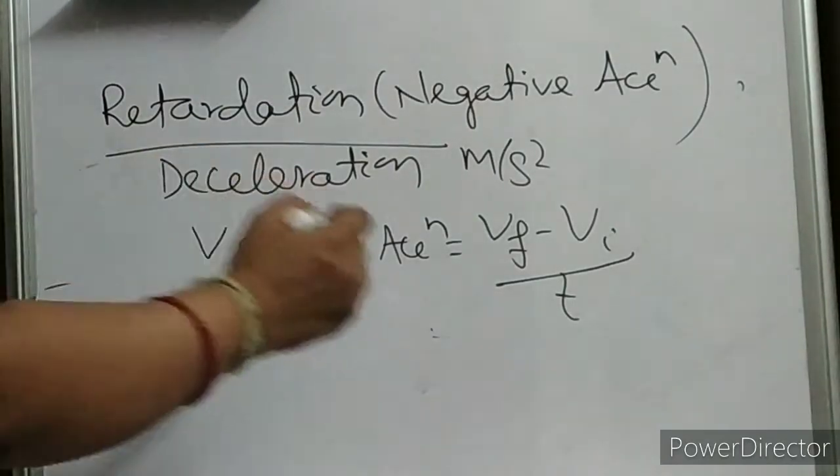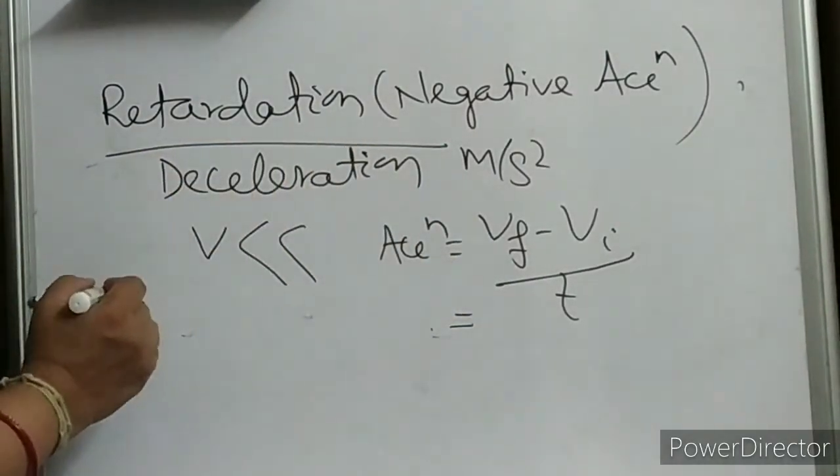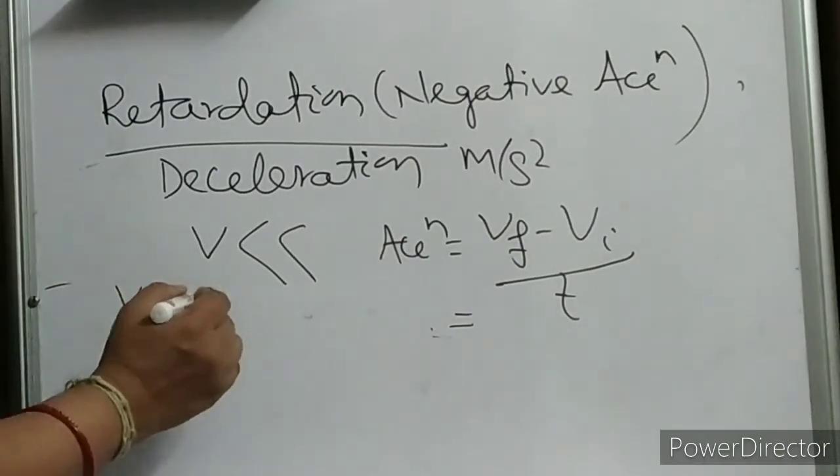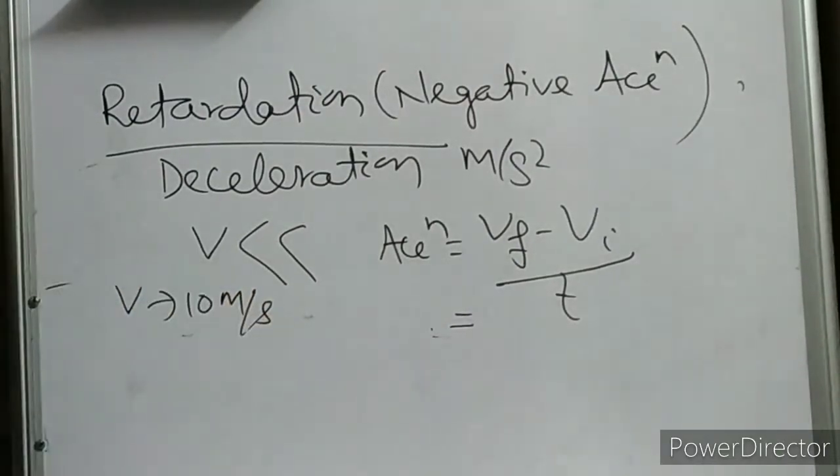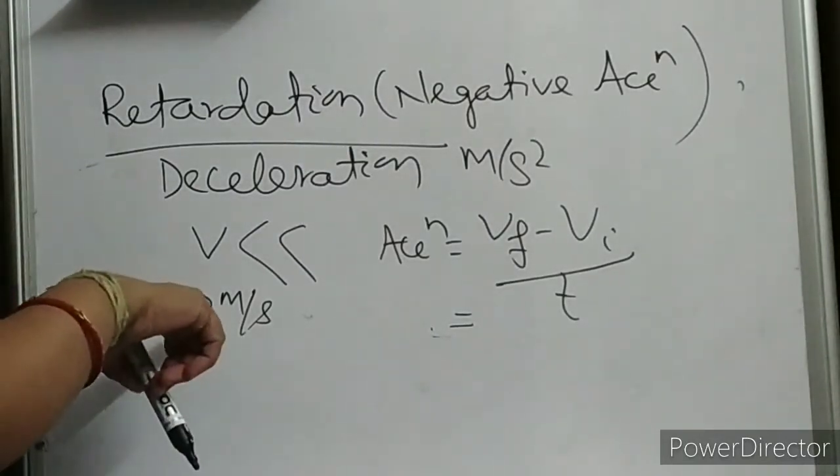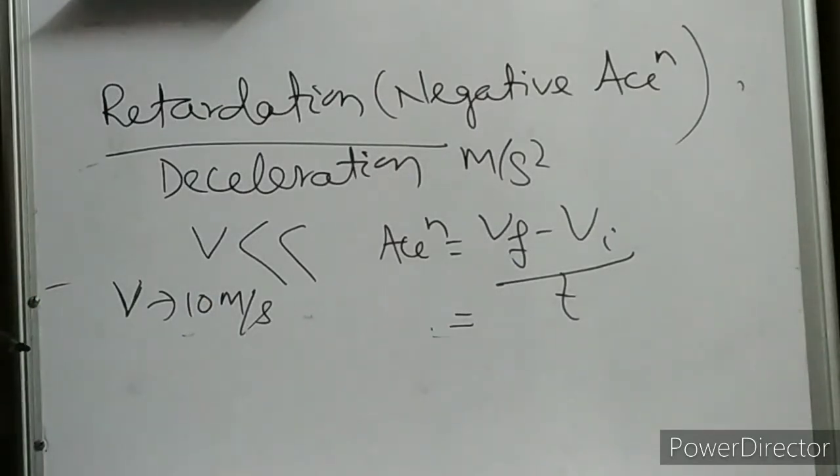Okay, suppose you are moving with a velocity of 10 meter per second. Clear, children? Suppose I am driving a car having velocity 10 meter per second. Now what will happen? I will apply a brake.